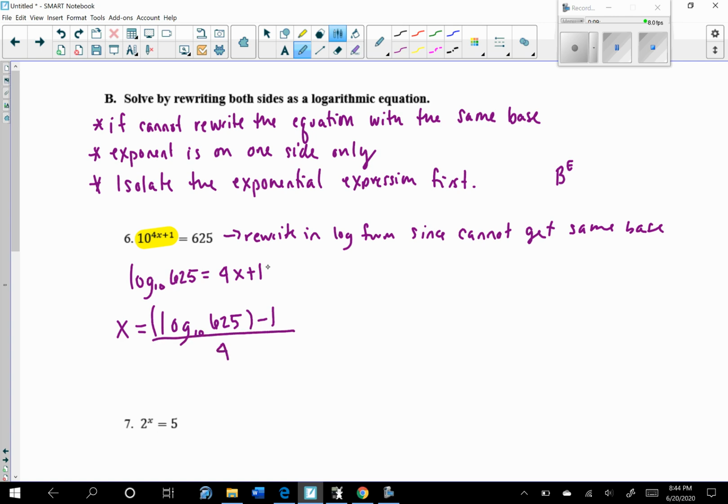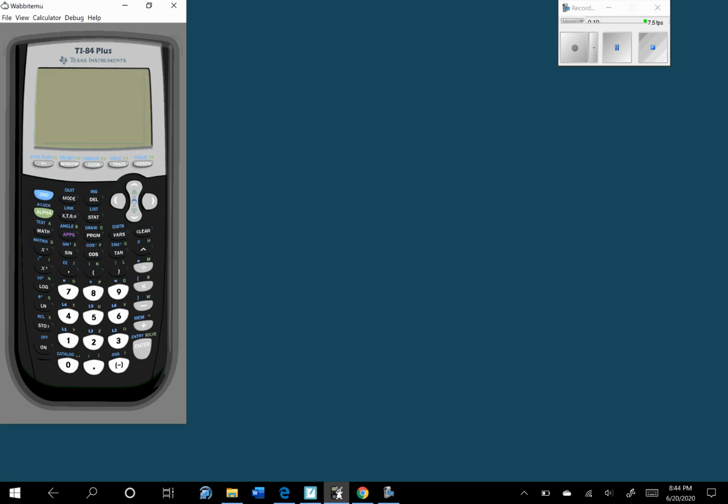Because remember, when you do this, you do PEMDAS backwards. And so we got rid of added, subtracted, then multiplied or divided. So you want to do this minus the 1, then divide that by 4. So I would put parentheses around this portion right here if you're plugging this into your calculator. So wait till the very end to use your decimal expression because, again, in upper level math, we want to have as exact answers as possible.